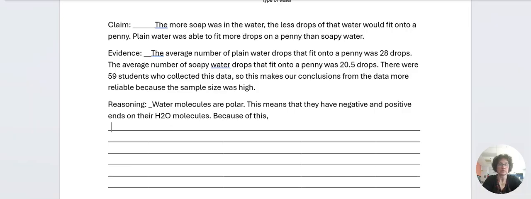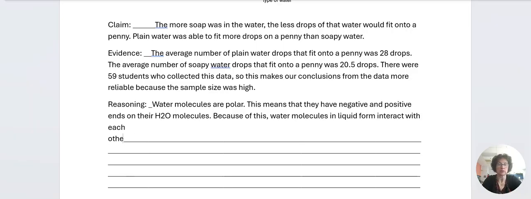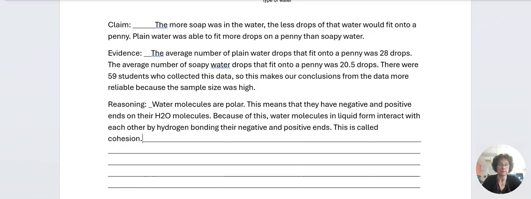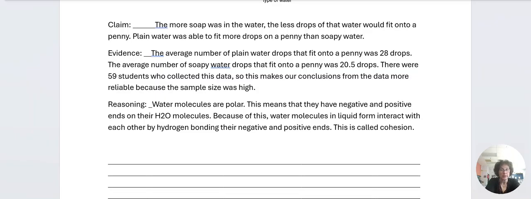Because of this, water molecules in liquid form interact with each other by hydrogen bonding their negative and positive ends. This is called cohesion. There. That explains an awful lot. That gives us a big foundation for understanding why that water made a dome on the penny.